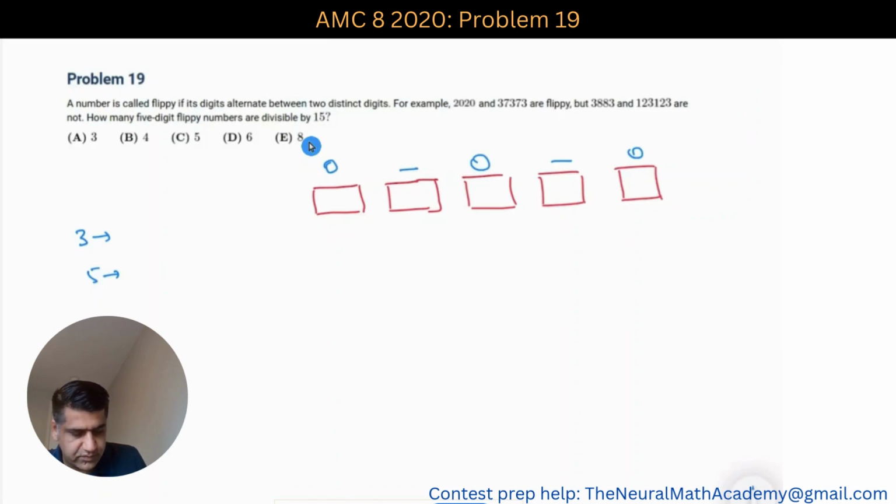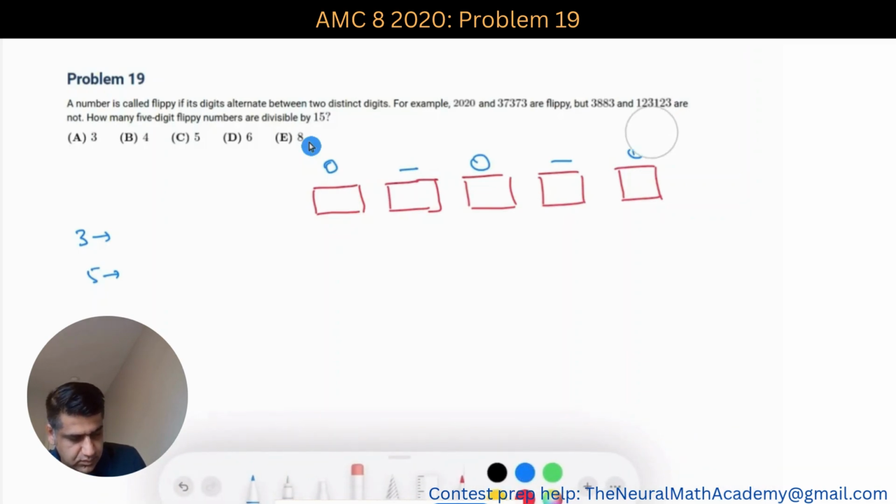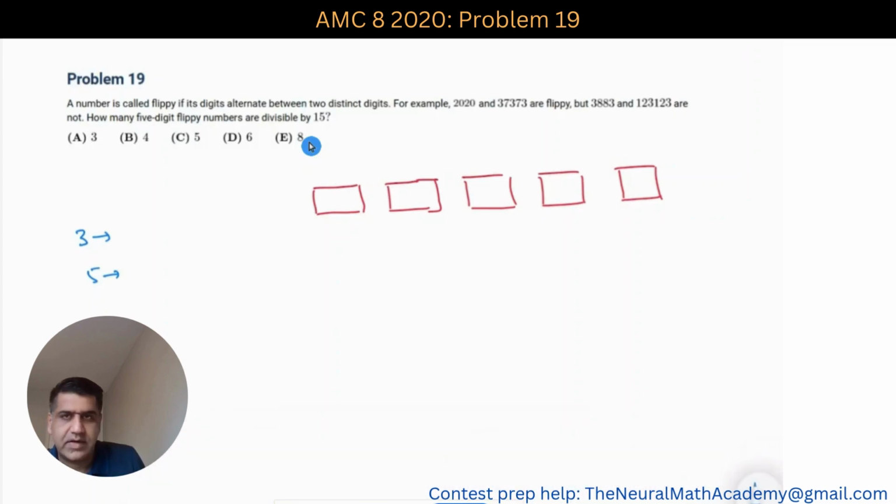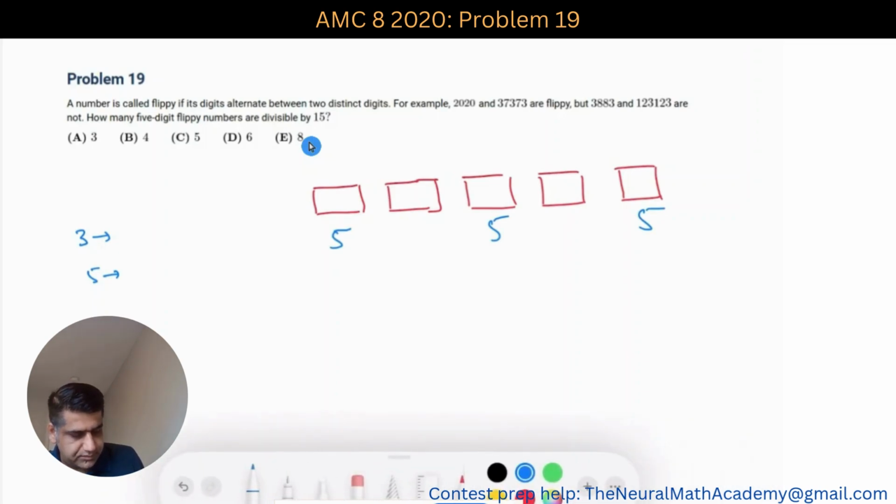It is not a 5-digit number. So this is not the option. So it means that we will only be having numbers ending with 5. So then I can write 5, 5 and 5. Now I need to see what numbers I can fit in these two spaces.